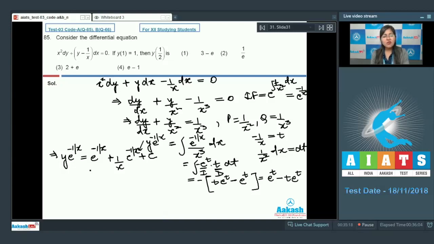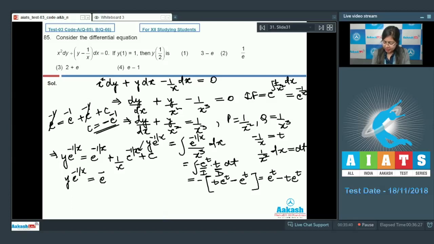So putting x and y both equal to 1, here we get that e^(−1) equal to e^(−1) plus e^(−1) plus constant. Cancelling these two, we get that constant is equal to −e^(−1). That is, y times e^(−1/x) is equal to e^(−1/x) plus 1/x times e^(−1/x) minus e^(−1).